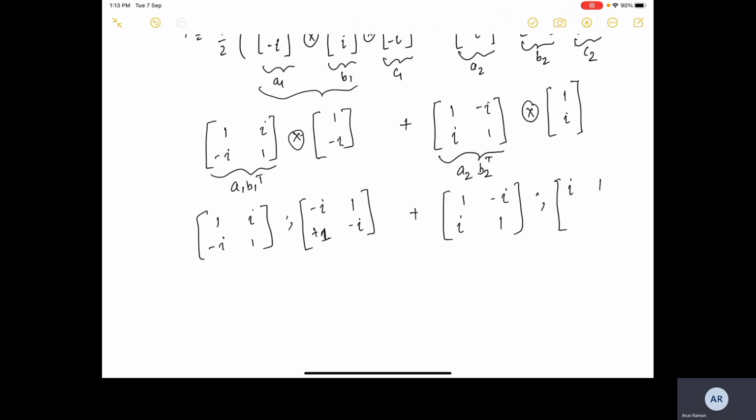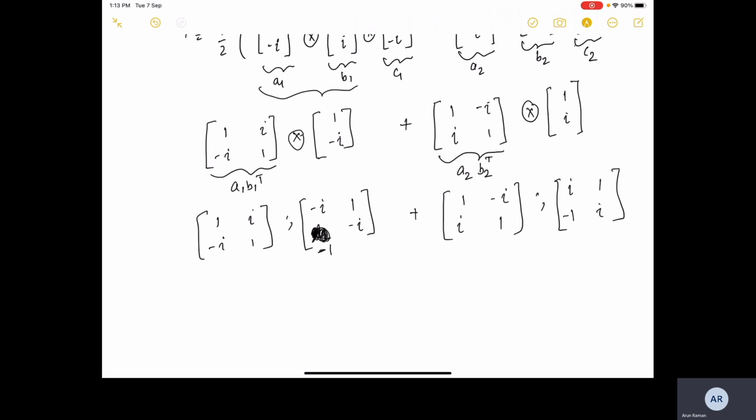Just a second, I think I made some mistake. This will be i, 1 and this will be i squared, which is minus 1, and we will have i again. I made the mistake here: this will actually be minus 1, because here we'll have plus i squared, and plus i squared is minus 1.